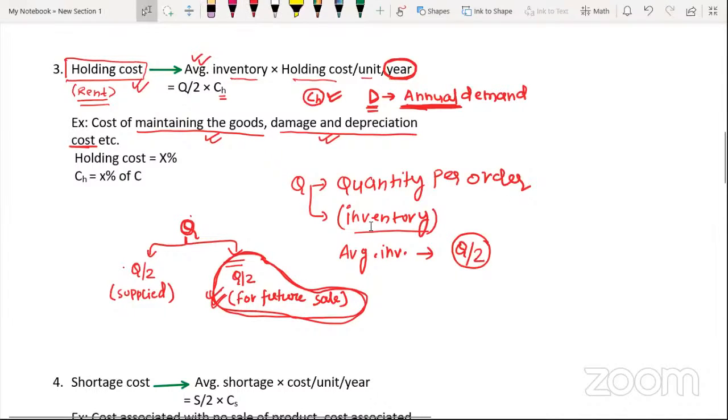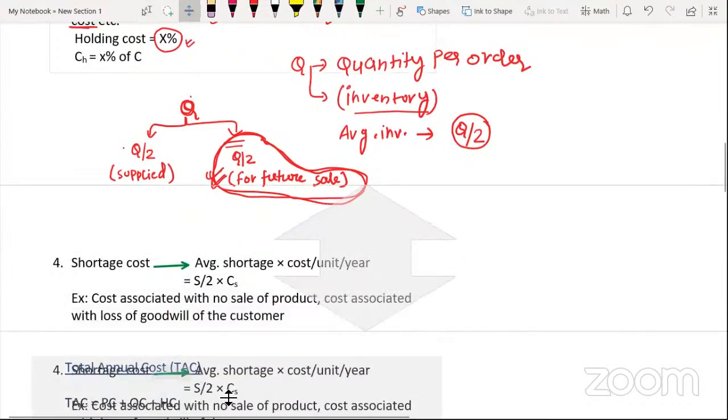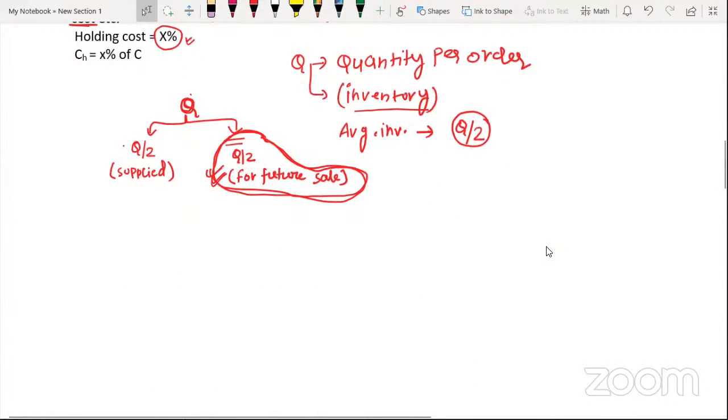Now, holding cost, here I have written that holding cost equals X percent. In the examination, sometimes they give us the data like this: ch is 2%, and c was cost per unit, this was unit cost, and c is rupees 10 per unit.